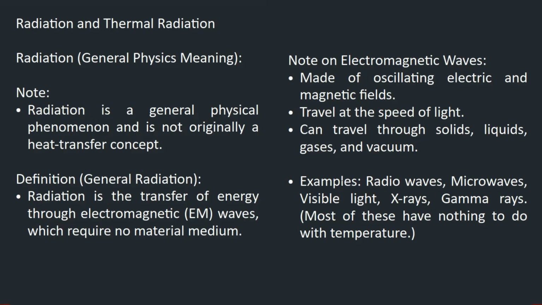What else? Examples of electromagnetic waves include radio wave, microwave, visible light, X-ray, gamma ray, and most of them have nothing to do with temperature. Radio waves can be generated by building an LC circuit, which we'll be studying next year.